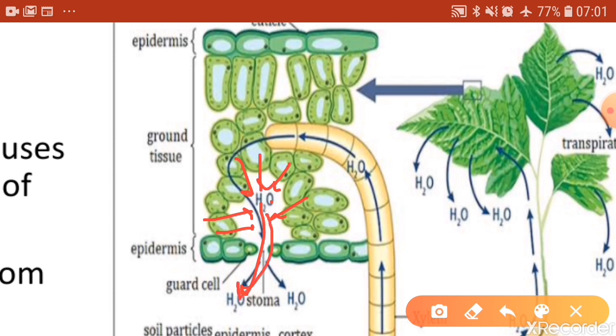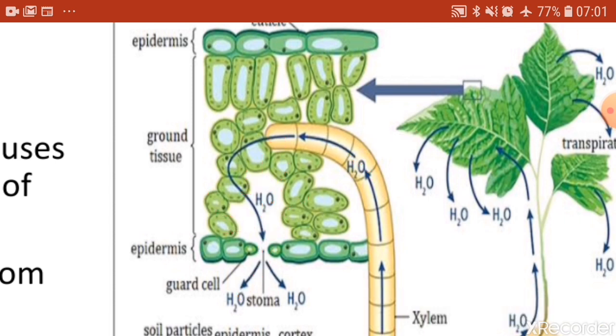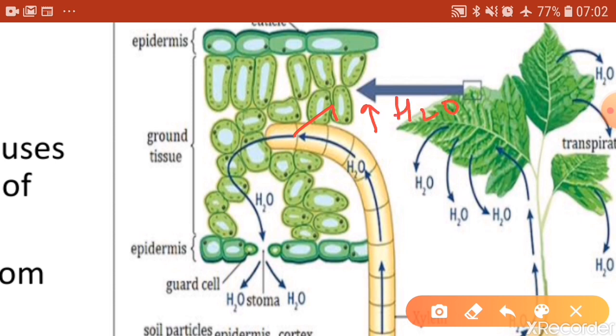When the mesophyll cells lose water, their water concentration will be lesser when compared to the water present in the xylem vessel of the leaf, because the xylem vessel has got water. In terms of water concentration, the xylem vessel has a higher water concentration when compared to the leaves.